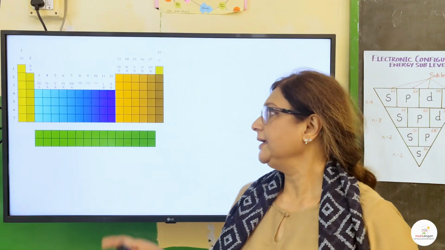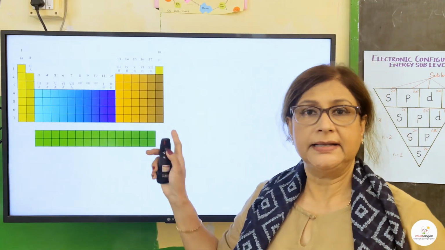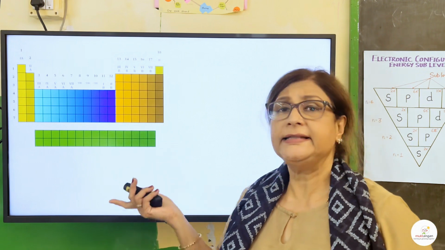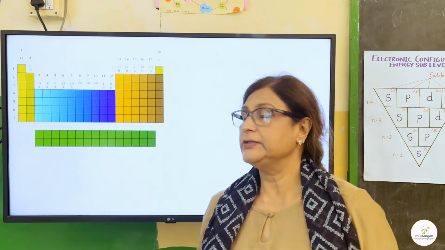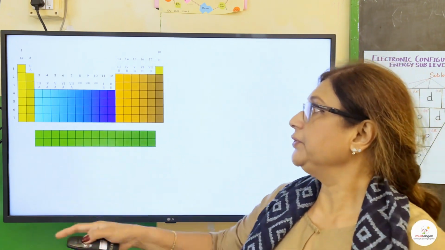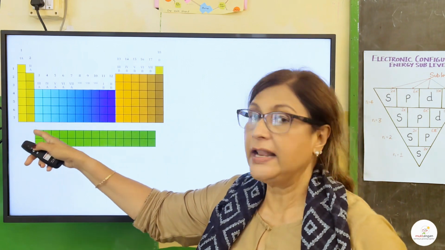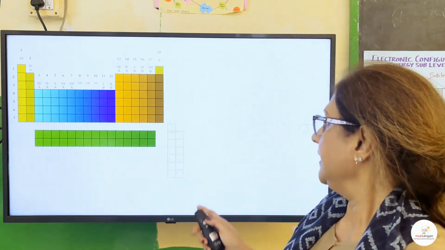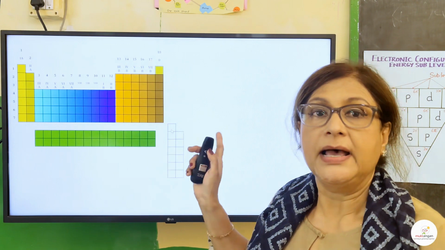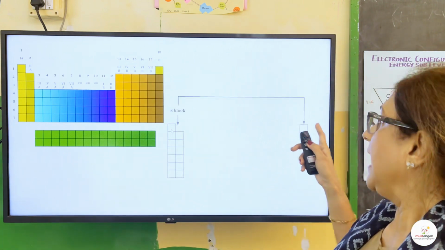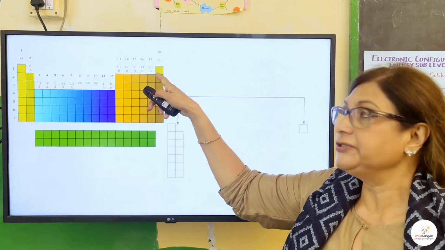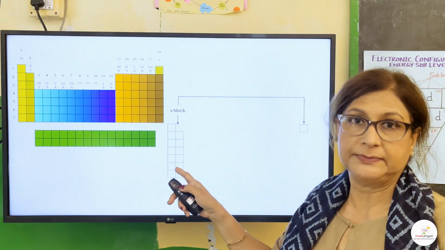As you can see, the periodic table is color coded. Now, what exactly do these colors stand for? Let's look into it. The first two groups, in a yellowish-green color, are called the S block. And remember this little square on the top, that is also part of the S block.